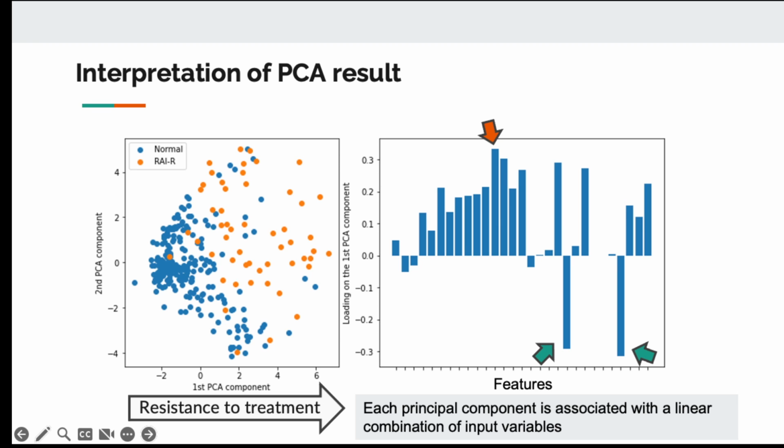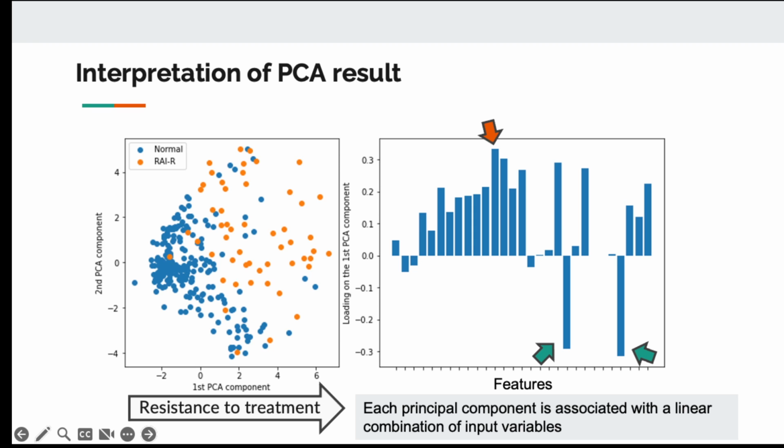So in PCA, each axis is a linear combination of all of your measurements. For example, if you have transcriptomic data with 100 genes, your first principal component, your first axis from the PCA, is going to be some coefficient times the expression of gene 1, plus some coefficient times the expression of gene 2, plus some coefficient times the expression of gene 3. So if you are focusing on the first dimension, you can ask what the coefficients are for all the genes along this direction.